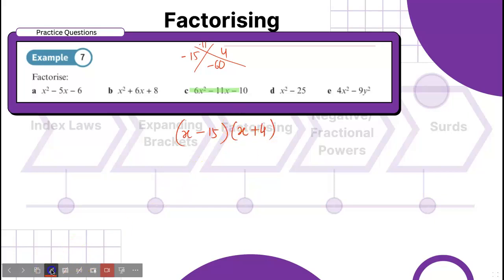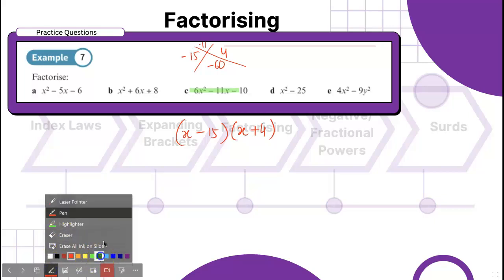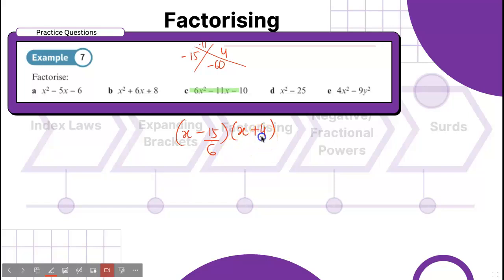Our next step is to take the coefficient and divide. So it was 6, take 6 and divide by that. Okay, so if you divide, now it's like simplifying. So divide by 3, 3 times 5 is 15, 3 times 2 is 6, divide by 2, 2 times 2 is 4, 2 times 3 is 6.